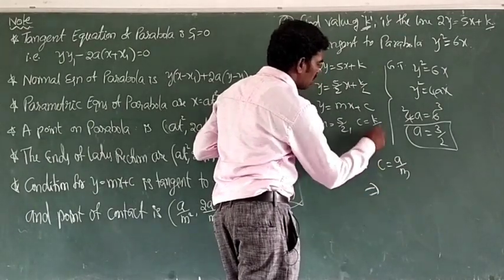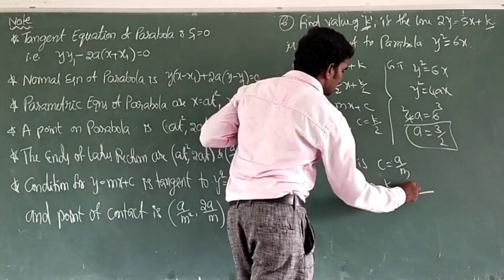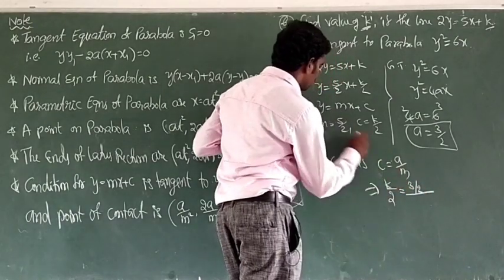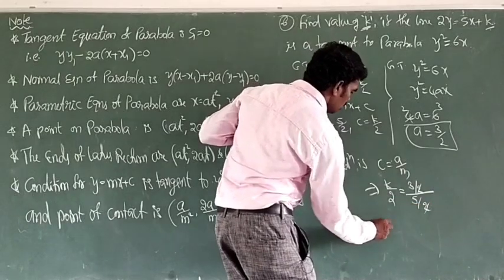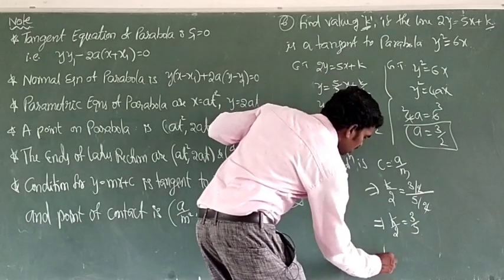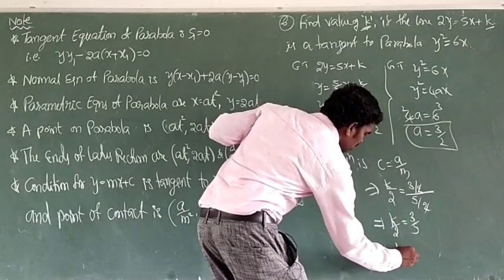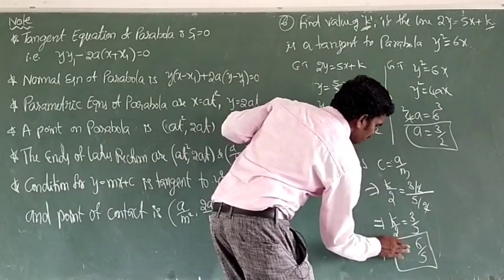Here c is k/2, a is 3/2, m is the slope 5/2. The 2s cancel, and k/2 = 3/5, and k = 6/5 is the answer.